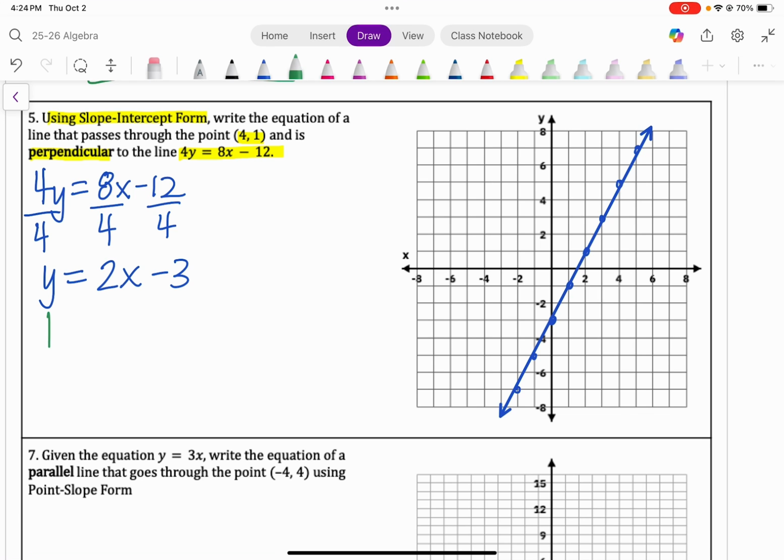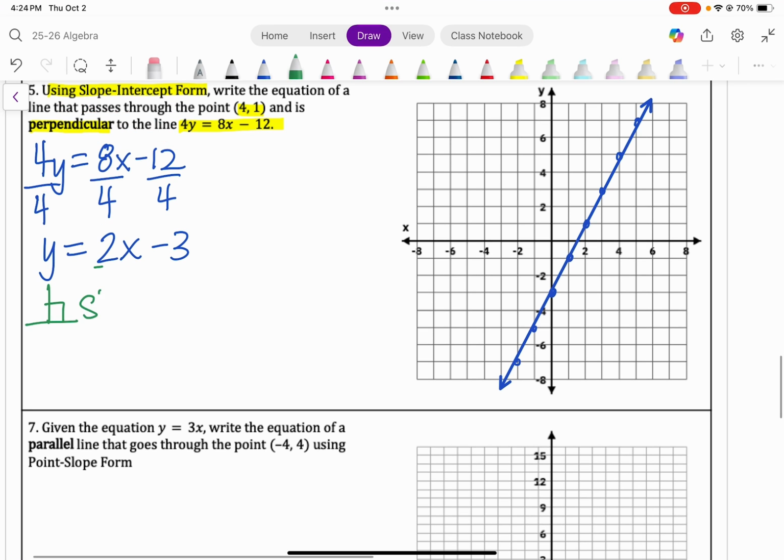Now we're going to do a perpendicular line. Since my given slope is positive 2, my perpendicular slope is going to be negative 1/2. And I'm going through 4, 1, and we'll use y equals mx plus b.